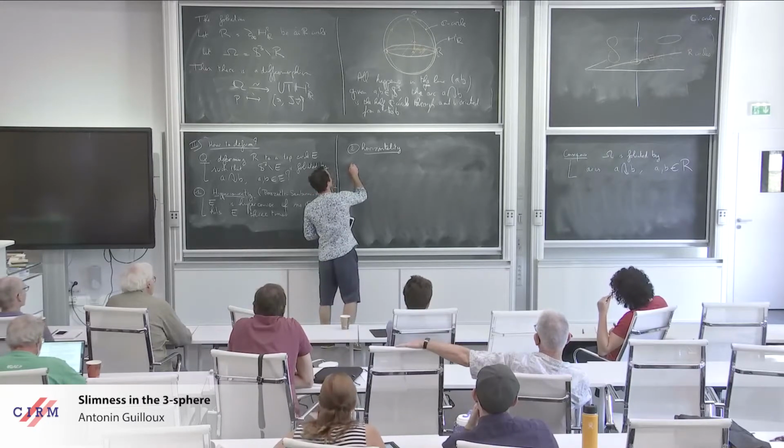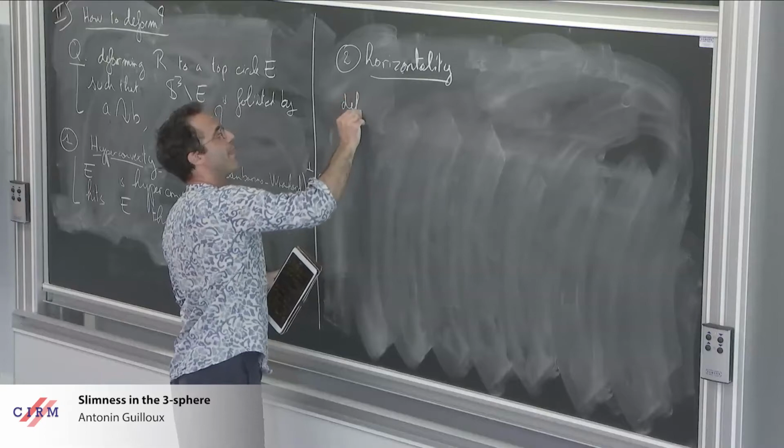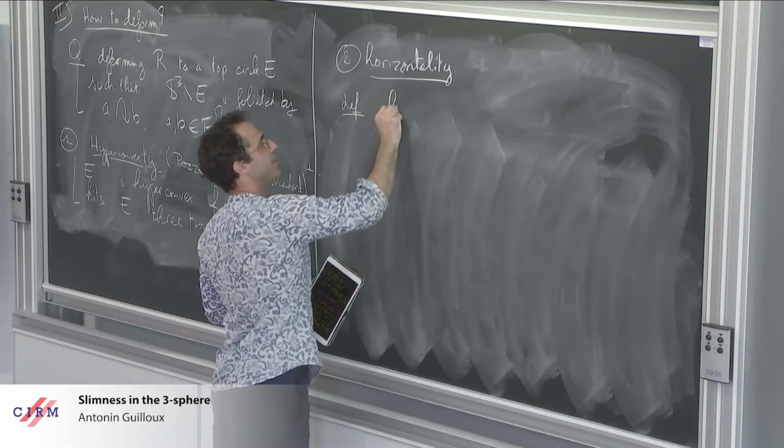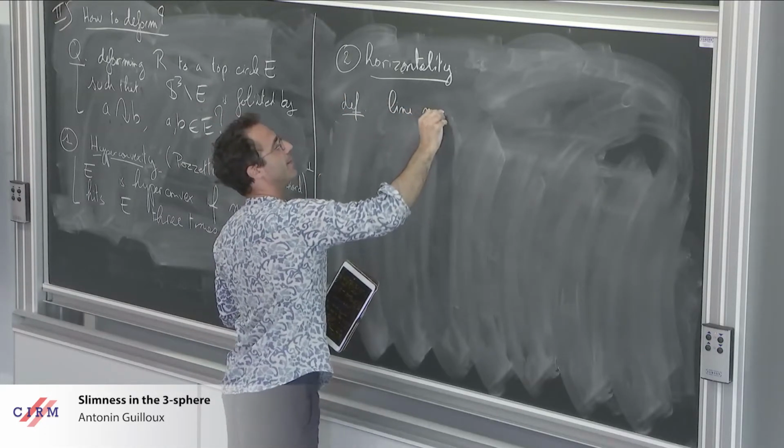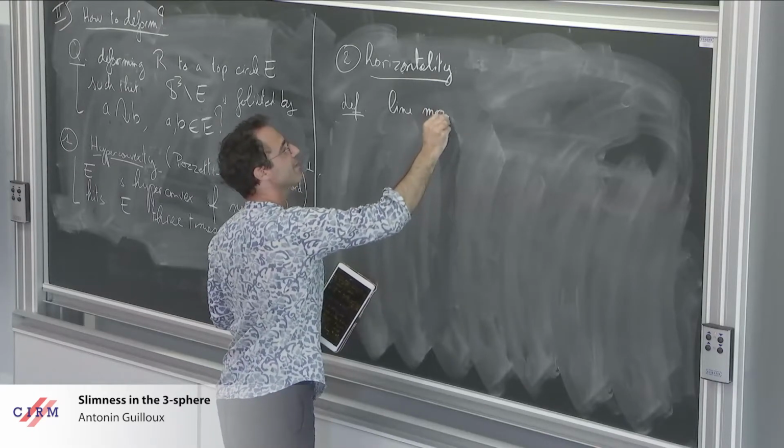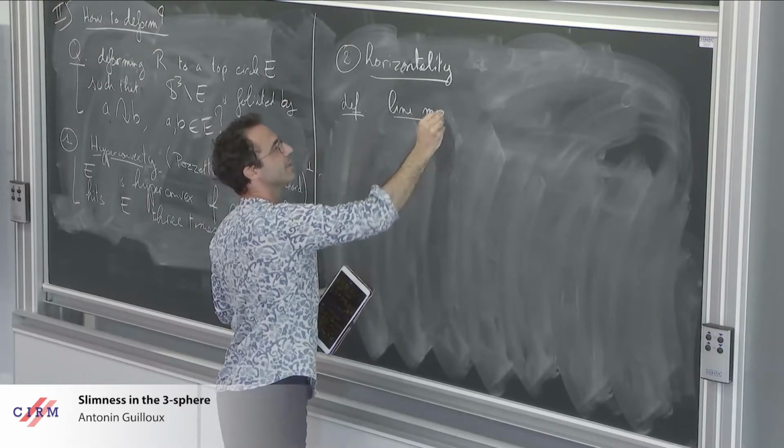So I will first define the line map, which is a very simple map, but which helps a lot.